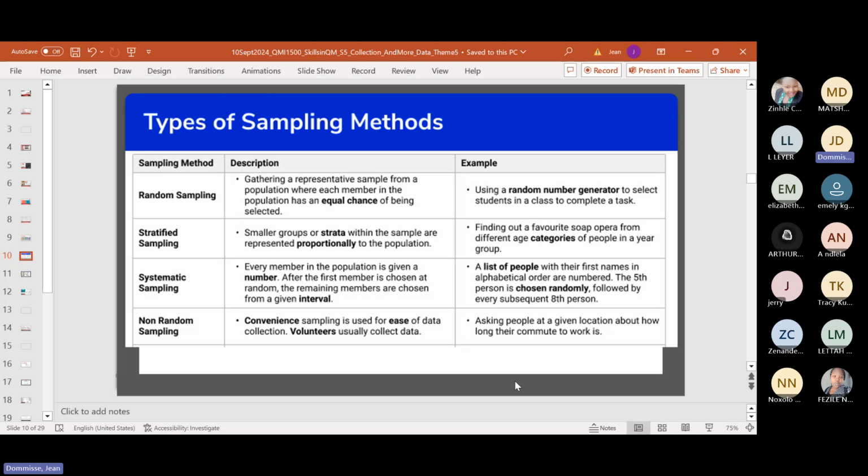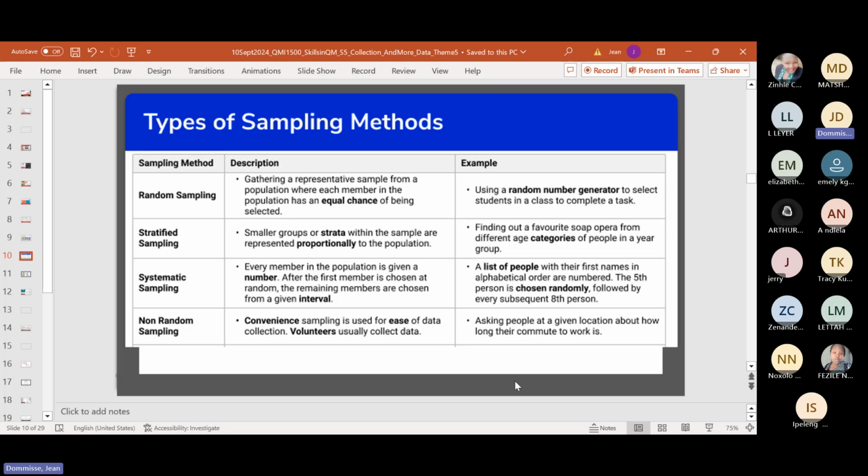A simple example is, if we need a random sample of the students at UNISA, we can randomly go and pick students at UNISA, but a stratified sample can be that we need to pick a number of first years, a number of second years, and a number of third years. So that might be a subsample that we need to look at.